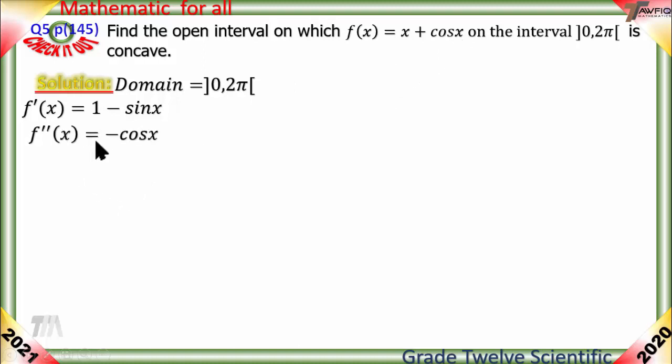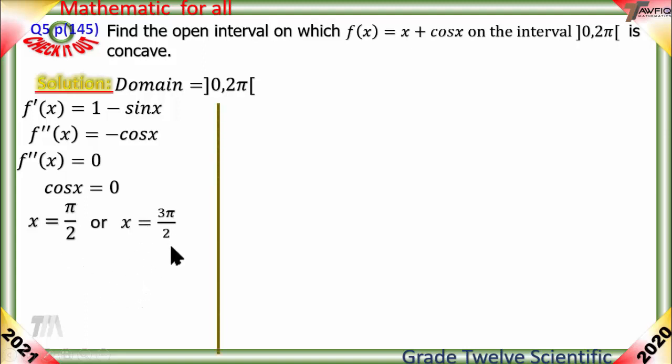The second derivative: the derivative of 1 is 0, and minus the derivative of sine x is minus cosine x. Make the second derivative equal to 0, so cosine x is equal to 0. That means x is pi over 2 or x is 3 pi over 2. These 2 points are inflection points.